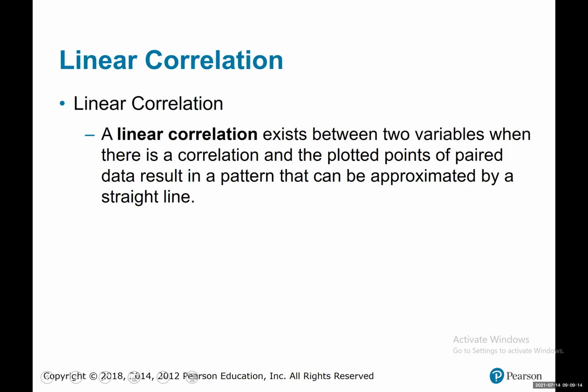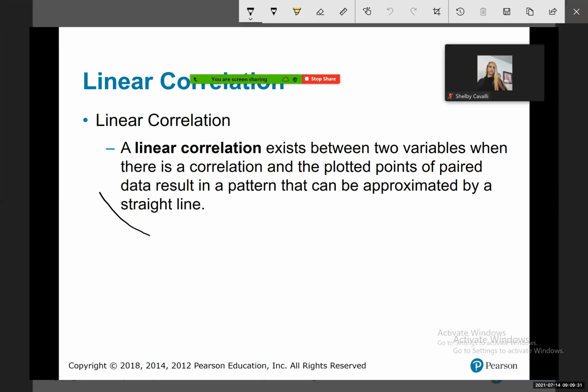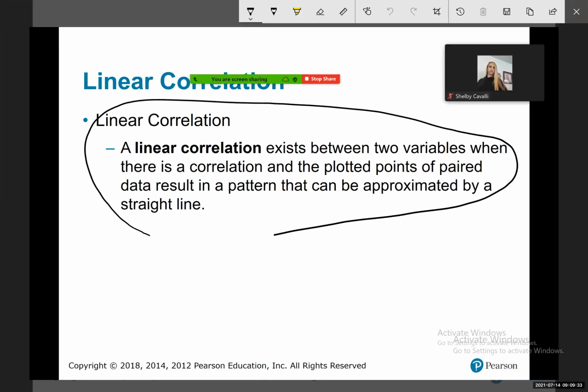Linear correlation exists between 2 variables when there is a correlation and the plotted points of paired data have a pattern of a straight line. So also pay attention to this one. The pattern should be a straight line.